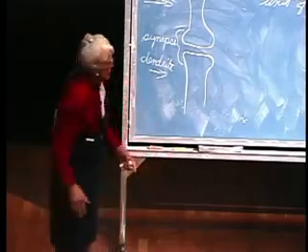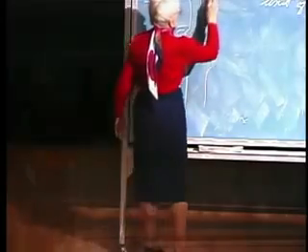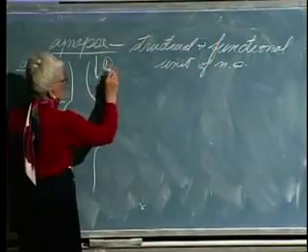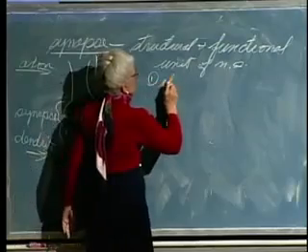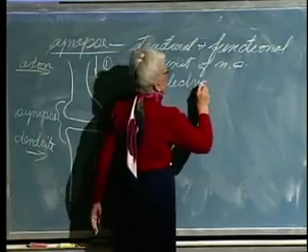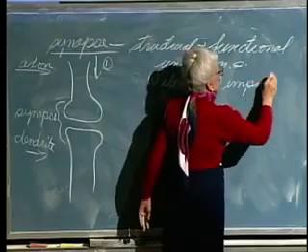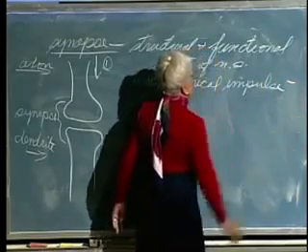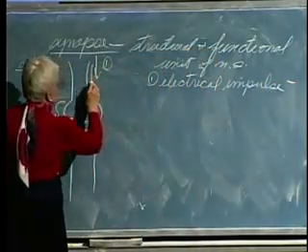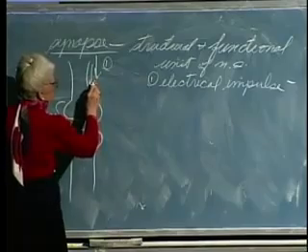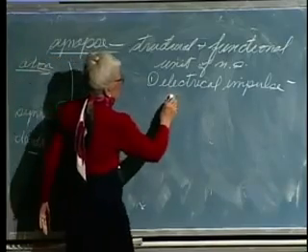So we're going to see then how the electrical impulse is coming down. So one is the electrical impulse coming down the fiber, down axon.